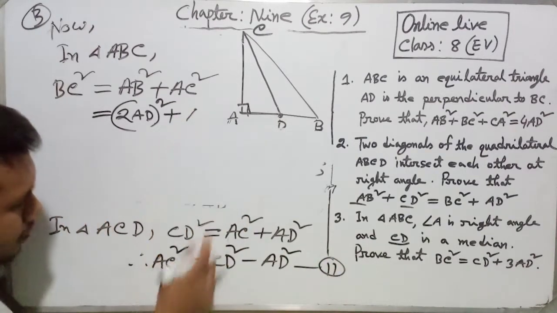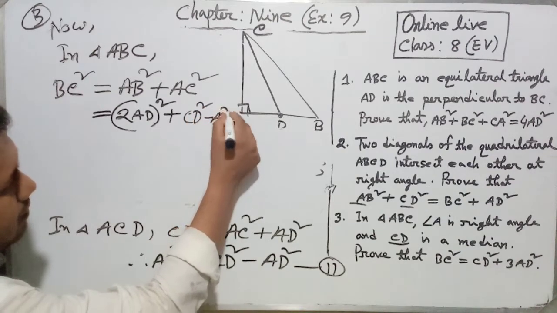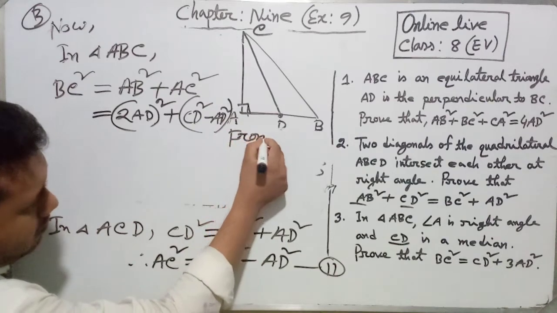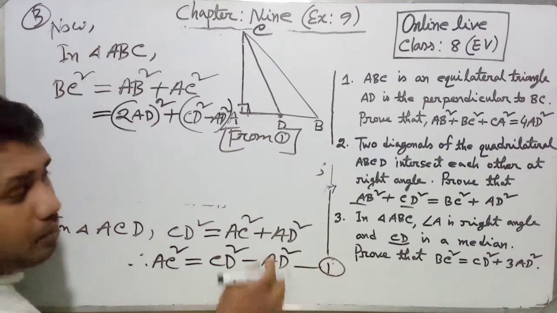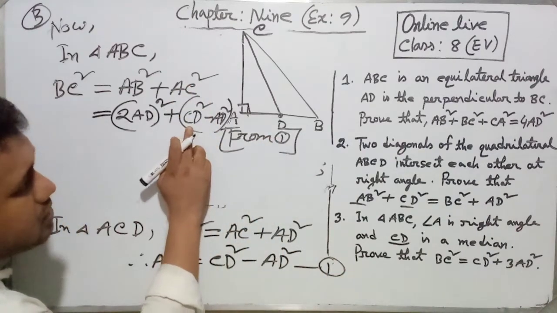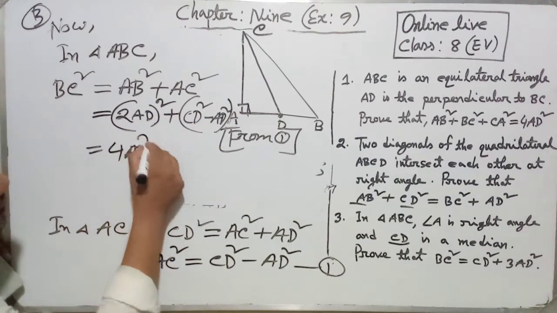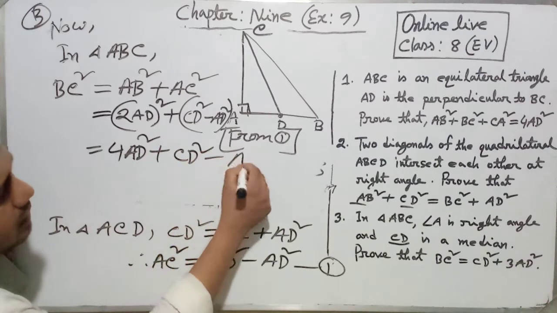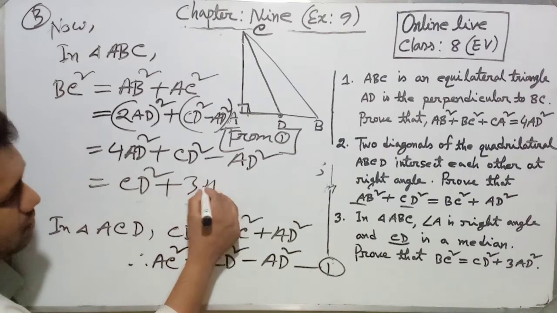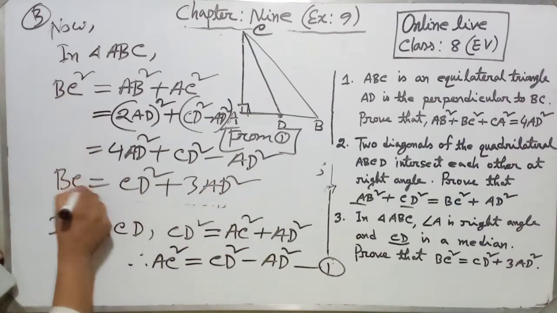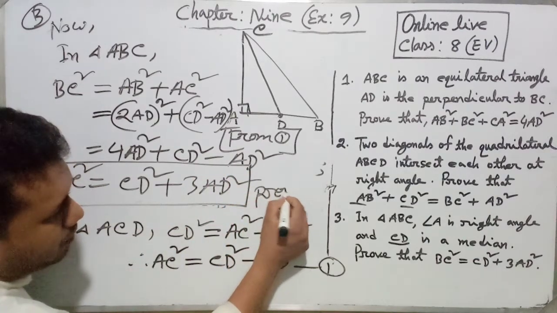So now we can input our value CD square minus AD square from our equation number 1. Now look, 2AD square will be 4AD square plus CD square minus AD square. Now this is CD square and 4AD square minus AD square will be 3AD square. And there, dear student, we can write BC square. So we can say this is our proof.